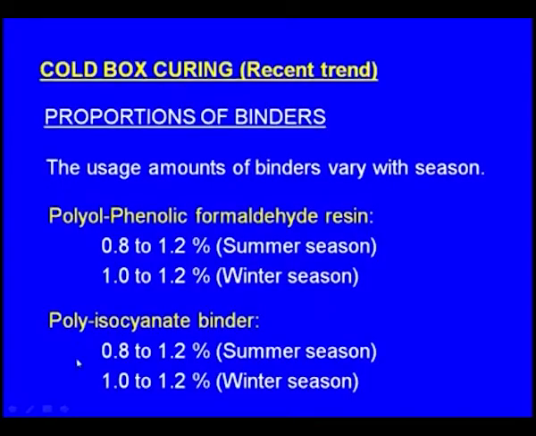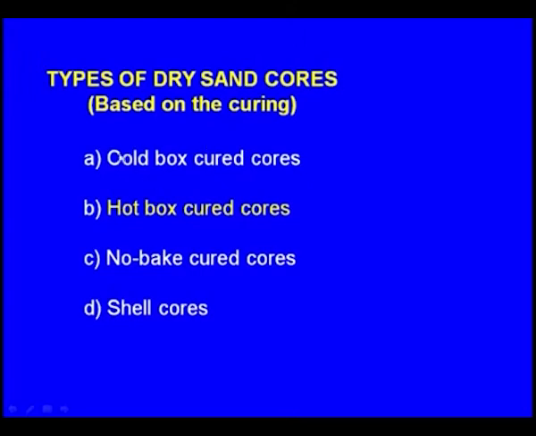Similarly, polyisocyanate binder varies from 0.8 to 1.2% during summer season, and from 1% to 1.2% during winter season. Next one, so far we have seen the cold box cured cores. Next one, hot box cured cores, let us see.